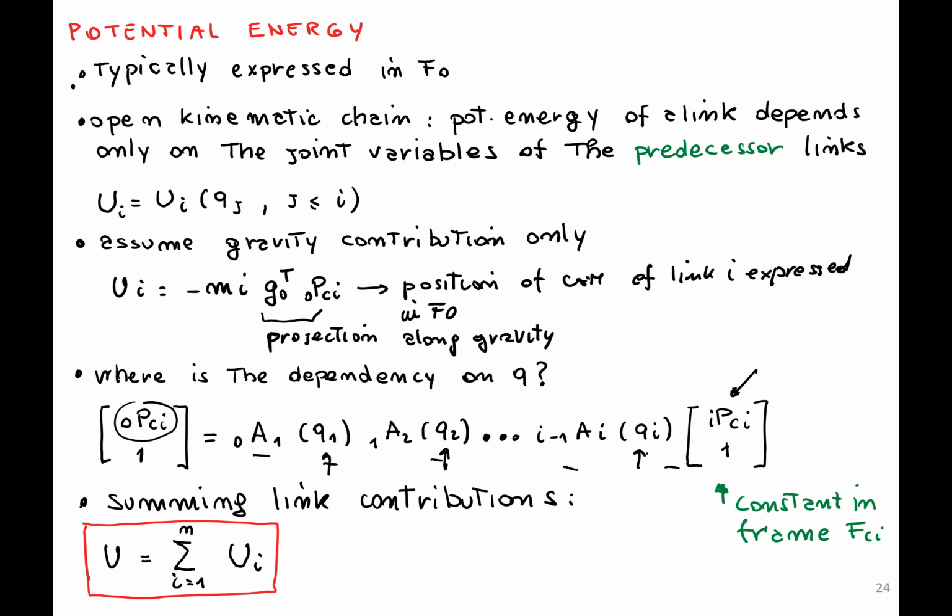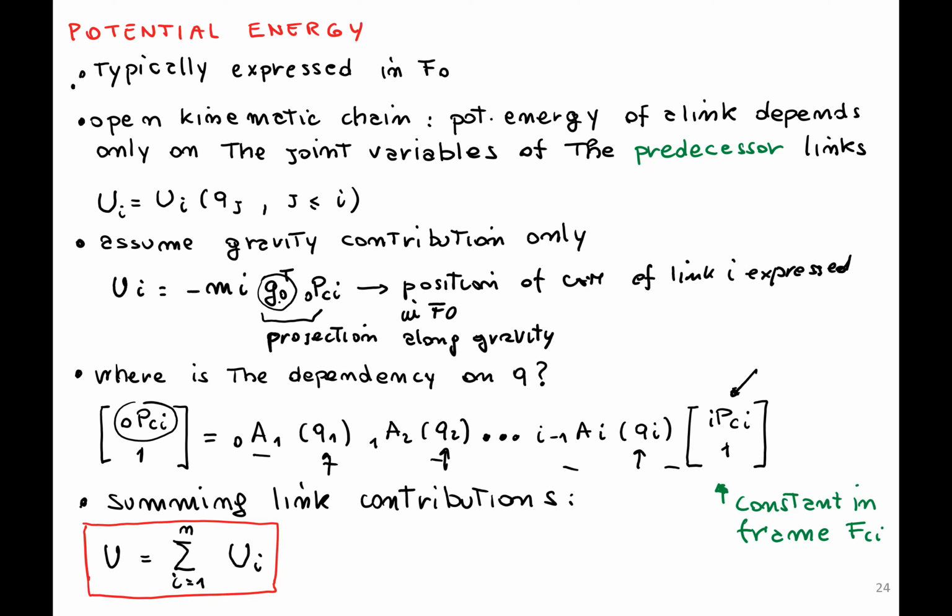Then summing up all the contributions, an important point is to note that we define the gravity vector, and this gravity vector will have different coordinates according to where we locate the base frame. So if we locate the base frame with the z-axis vertical, then the gravity vector will have, for example, coordinates 0, 0, minus 9.81.